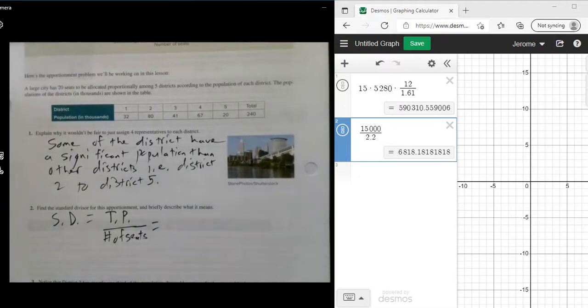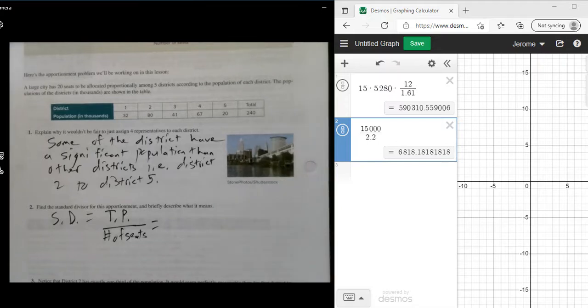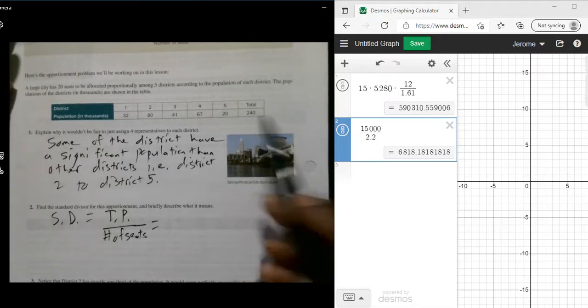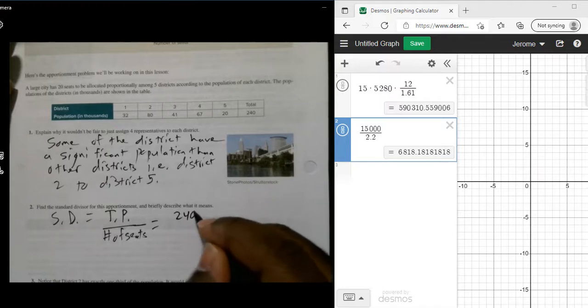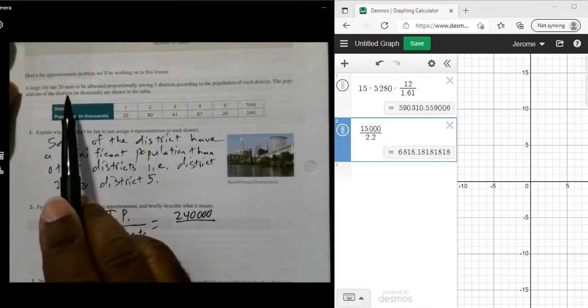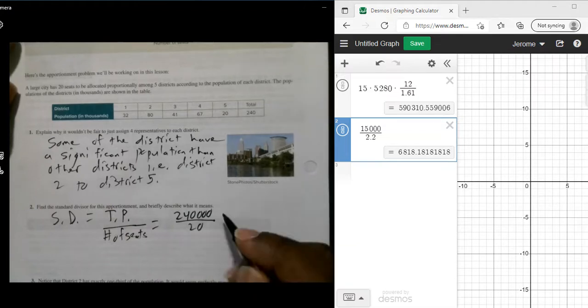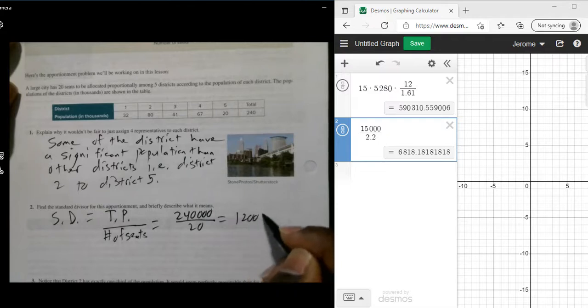So the total population, notice here the total is 240. Remember, this is in thousands. So the total population would be 240,000 divided by the number of seats. We were told earlier that it's 20 seats. So we divide by 20. 240,000 divided by 20 is 12,000. So it'd be 12,000 people per seat.